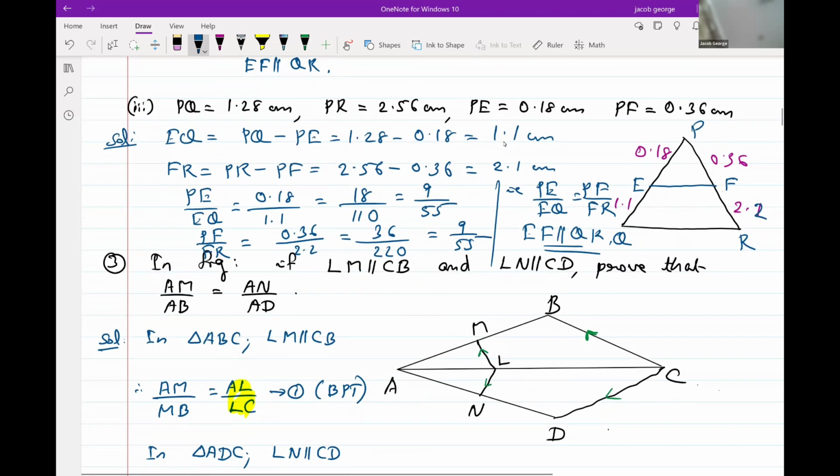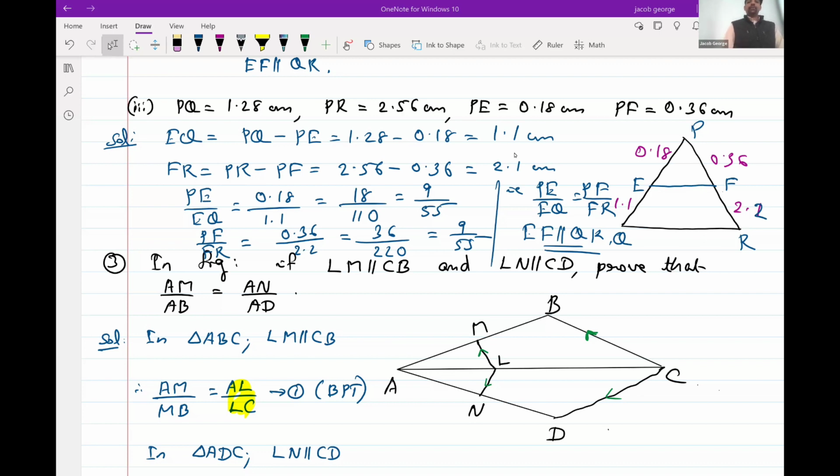Okay. So third also we are going to do right now. In the third question, this type of questions, two triangles are to be taken and BPT applied. So please copy that one. In figure, LM is parallel to CB and LN is parallel to CD.